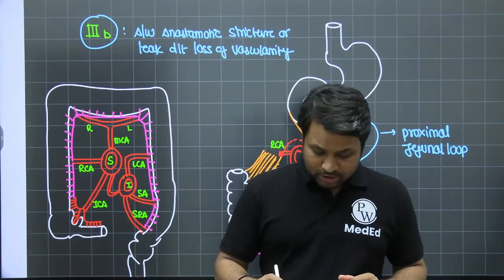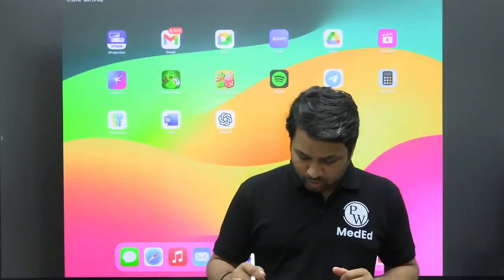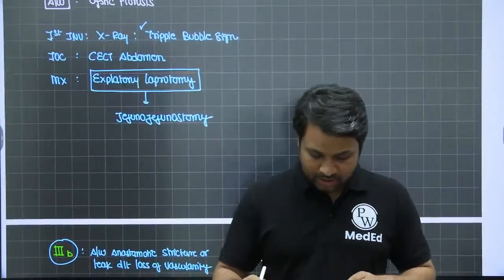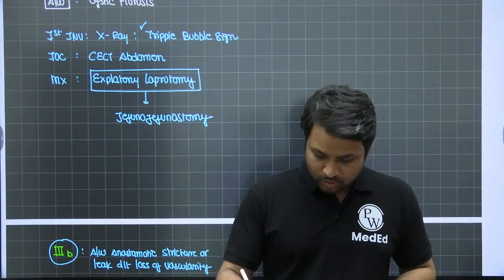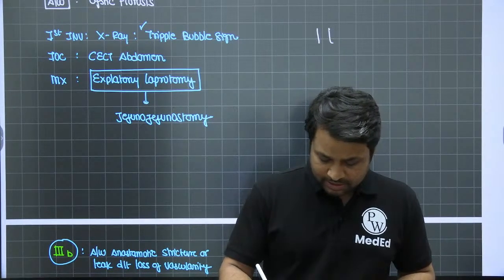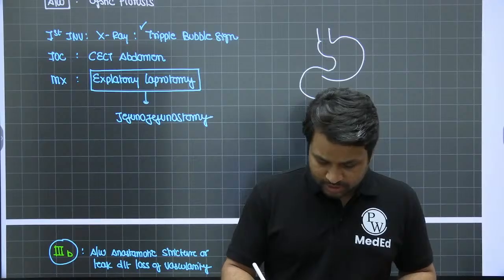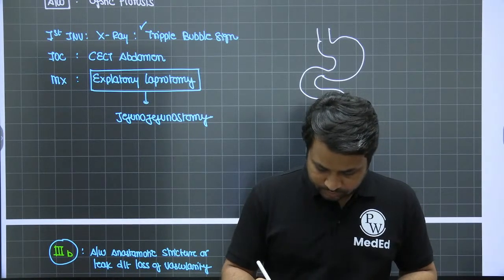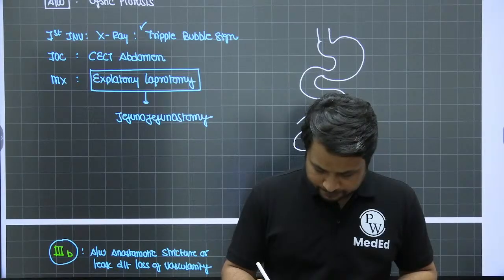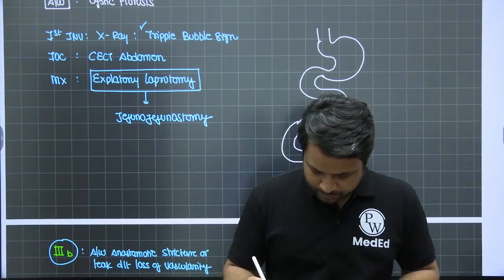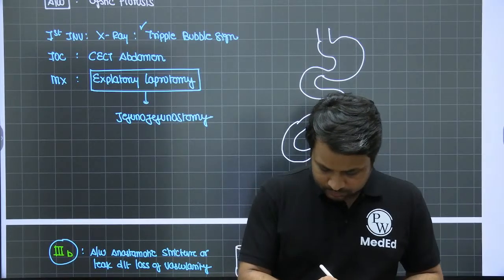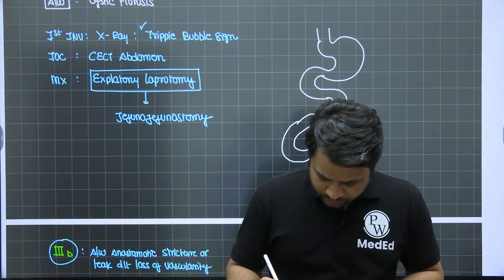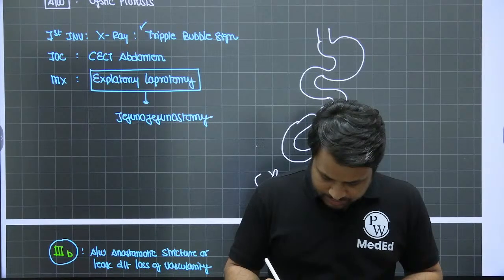What's jejunostomy? It is basically to anastomose two ends of the jejunum. So in a jejunostomy, what you do is, this is the esophagus, this is the stomach, this is the atretic segment.